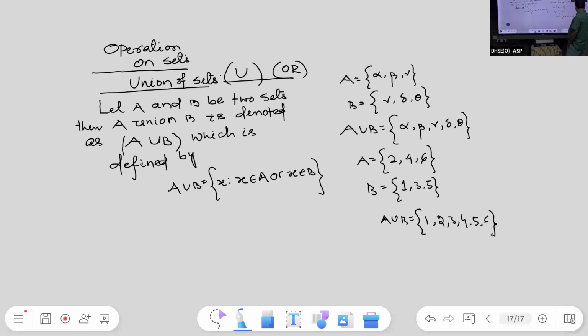Write down a note point. So you see, if you choose an element from the set A union B arbitrarily, that element may be an element of set A, or of set B, or of both A and B. Okay. So note it down.